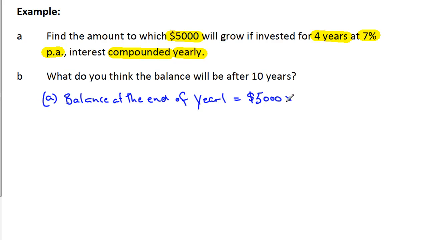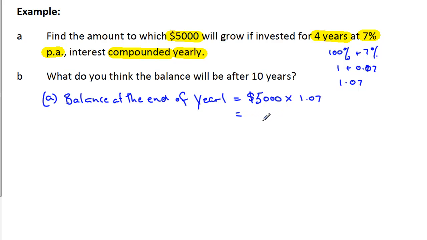And we're going to times it by our constant multiplier. Now remember, it's 100% plus our interest rate, which is 7%. And if we convert that, that's 1 plus 0.07. And the final multiplier is 1.07. So that's what we're going to multiply each time. And it makes it very easy to do.